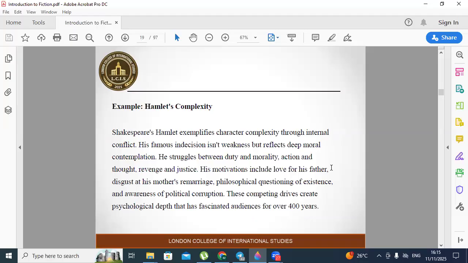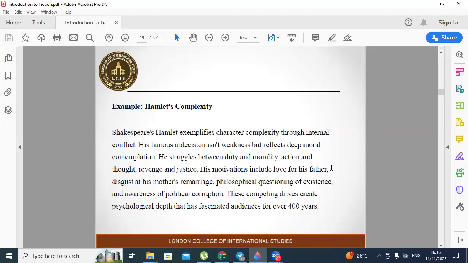Let's examine character complexity through Shakespeare's Hamlet, one of literature's most psychologically intricate protagonists. Hamlet exemplifies complexity through internal conflict. His famous indecision isn't weakness but reflects deep moral contemplation. When his father's ghost demands revenge against Claudius, Hamlet doesn't simply act.